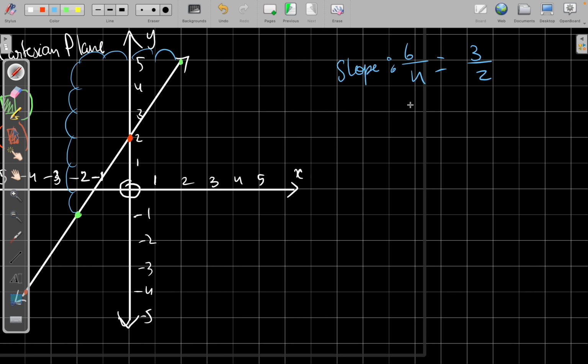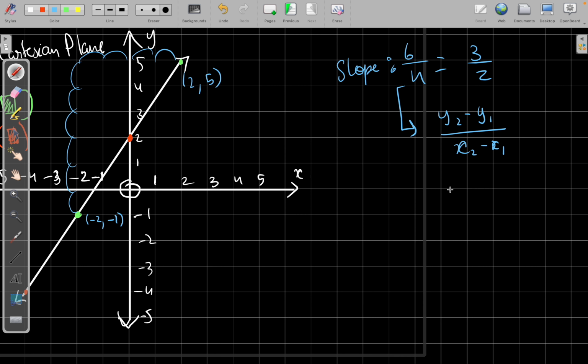Or you could have used, I prefer using the other formula, y2 minus y1 by x2 minus x1. You could have done it with any 2 points. I'm just using the points for the green one, but you could have used any 2 points. And let's say I just stick with the green one, and the coordinates are -2 comma -1 and 2 comma 5.